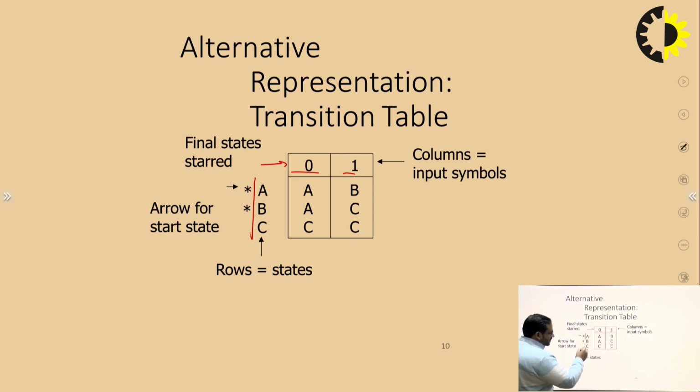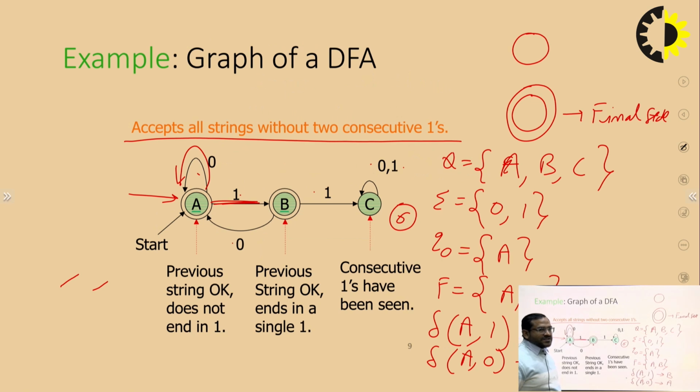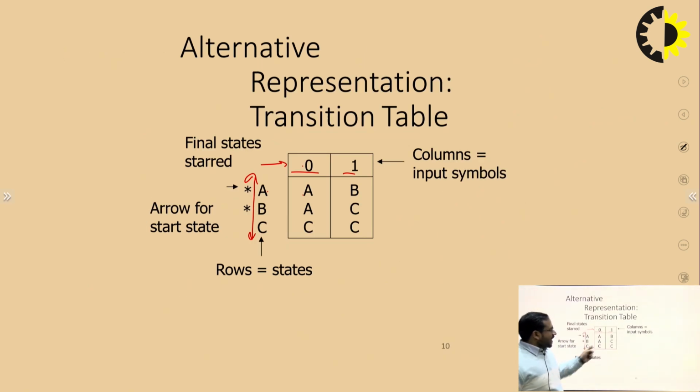This is the states, so ABC are the total states. When A is taking an input, the next states are here. A is taking 0 input, so A is written here. A is having a 1, then B here. If B is taking input 1, then it goes to C. Let's check the graph. B is taking 1, goes to C. So this is the way you can write the table here.